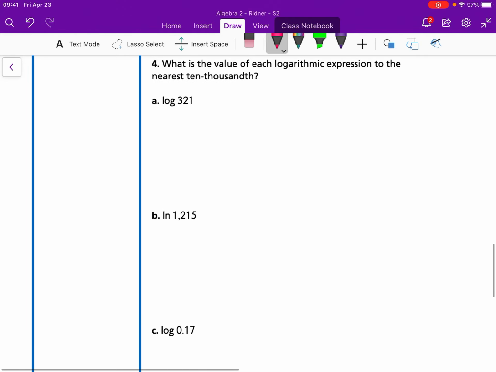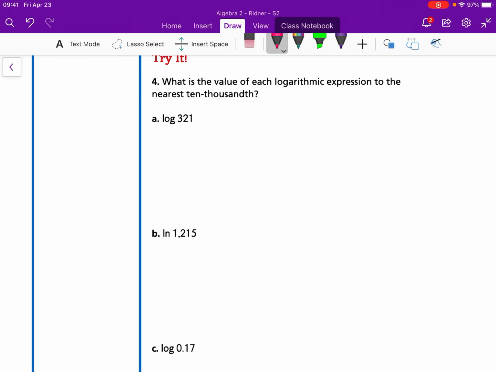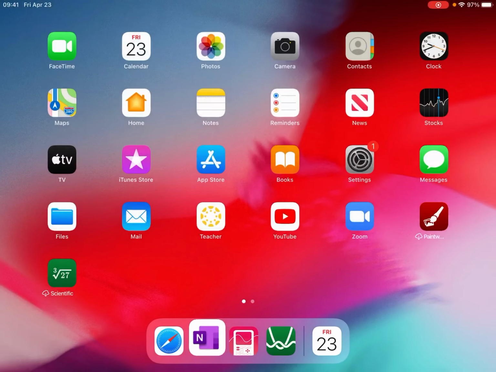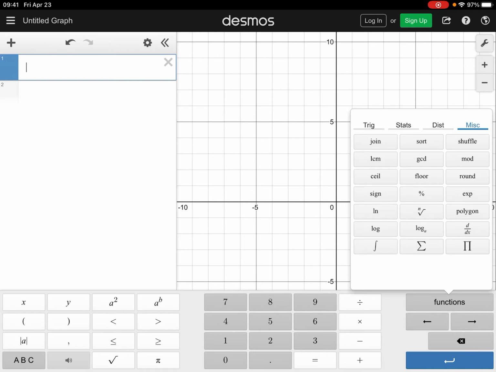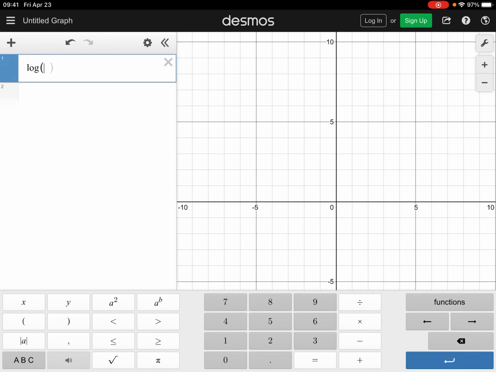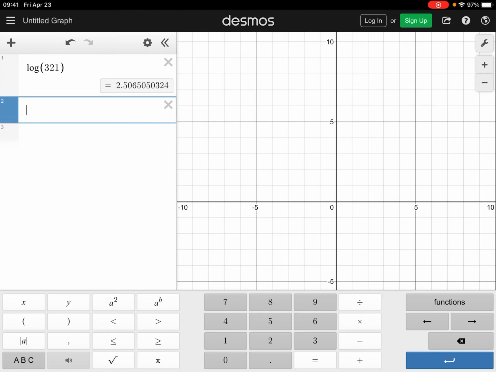And then these last few examples are just typing in your calculator. So the notes really are finished because all I do is put all these in the calculator, and we will end on that note. If I need just regular log, I'm going to choose this first one here, log 321. It is normal to get crazy decimals, okay? That's totally normal.